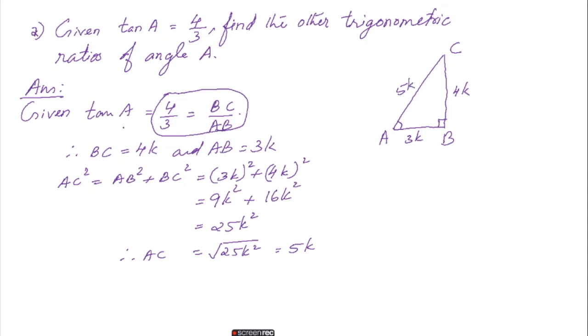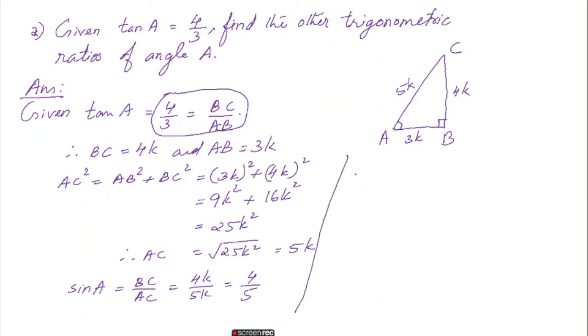So after finding this one, we can find out all the trigonometric ratios now. So let us start finding from sin A. What was sin A? Opposite side, that is BC by hypotenuse AC, that is equal to 4k divided by 5k. k and k cancel, we get 4 divided by 5.